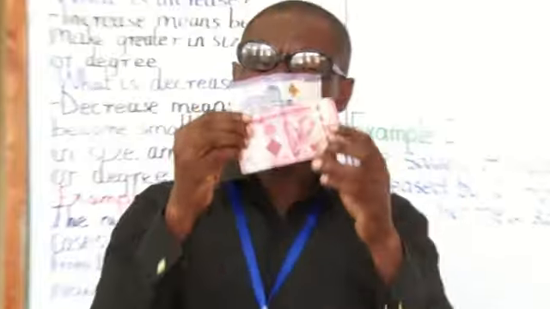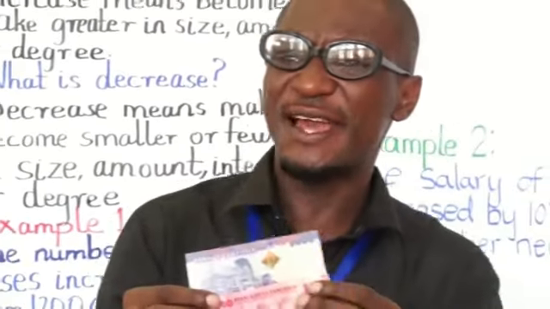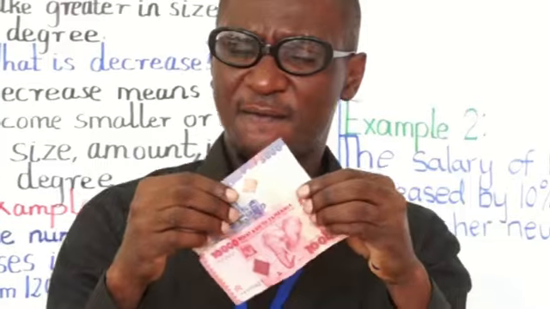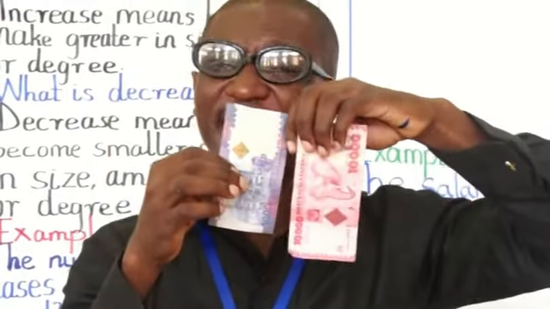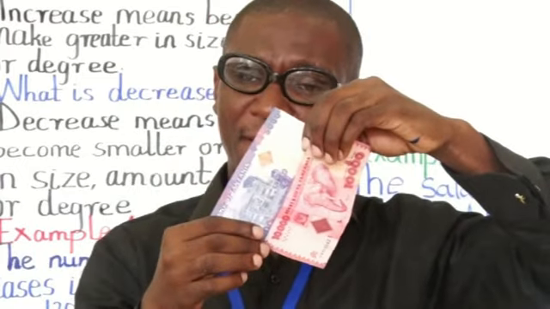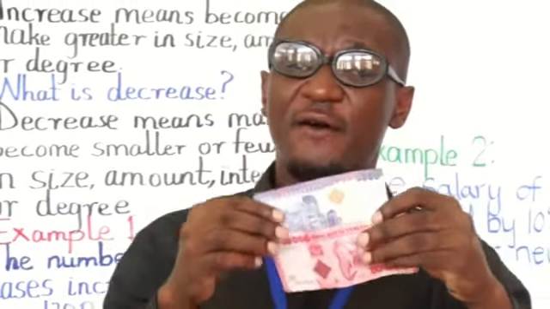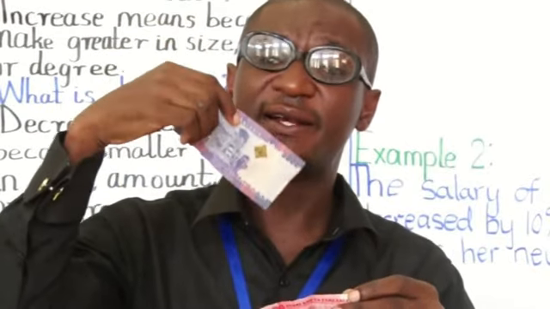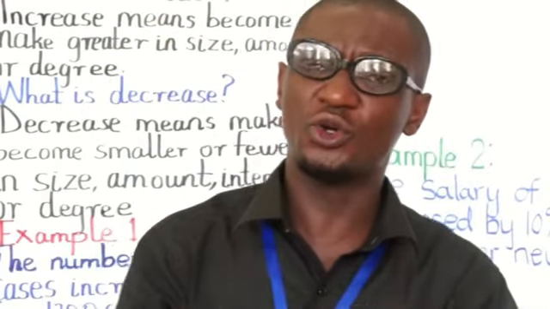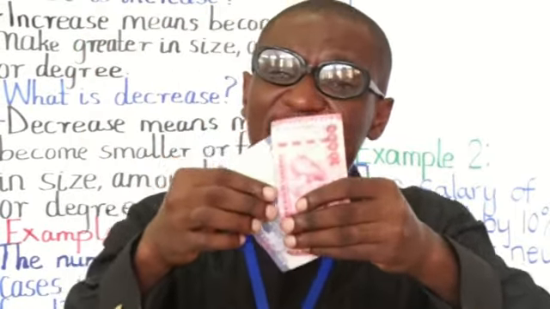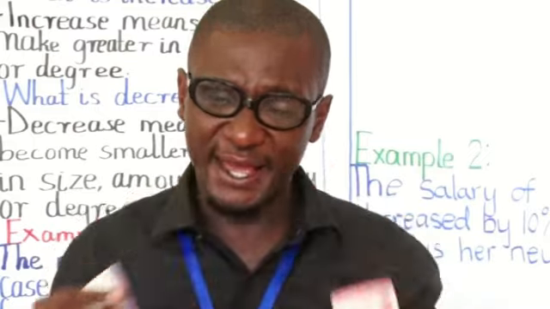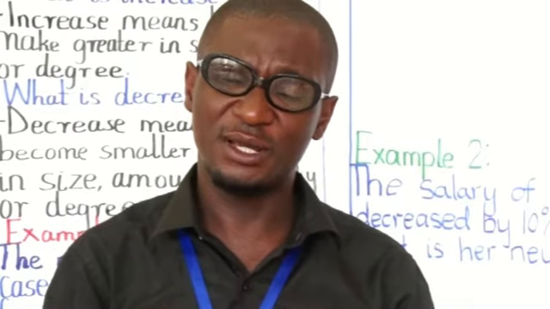It means something has increased from 10 up to 15. More money increased there. For that reason, we have a 5,000 increase from 10,000 shillings. So this is what we call an increase. This is about increase.